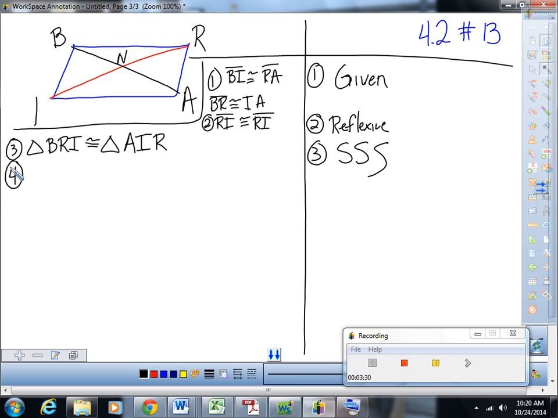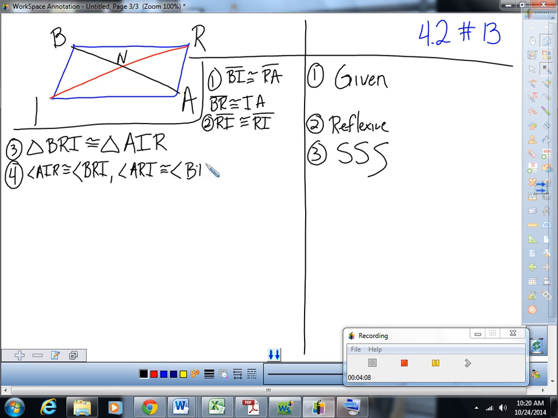Let me go the other way now. I can say that angle AIR is congruent to angle BRI. And I can also say that angle ARI is congruent to angle BIR.